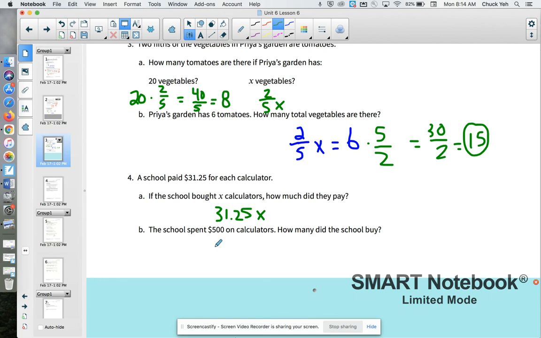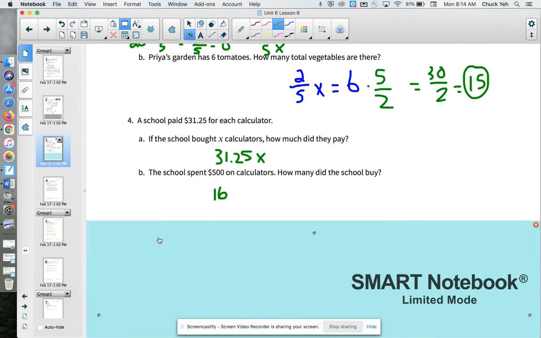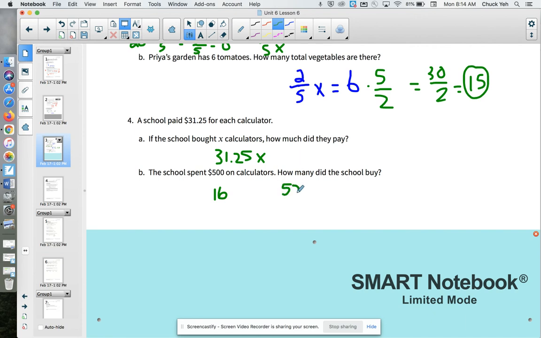So what would that be? 16. So I took 500 divided by 31.25. And I got 16.